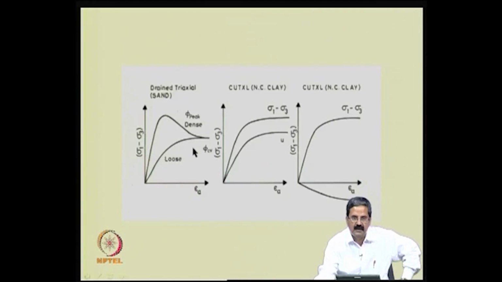So, these are some typical stress strain curves that we see in the case of tests. In the case of a peak, the dense material stress strain curve is like this, loose is like this, and you have a similar response here. Essentially this is a pore pressure response, and in the case of a drained test, this is a volume change.